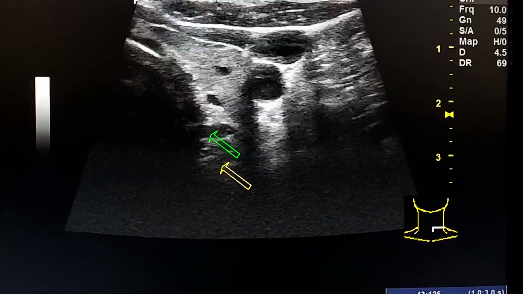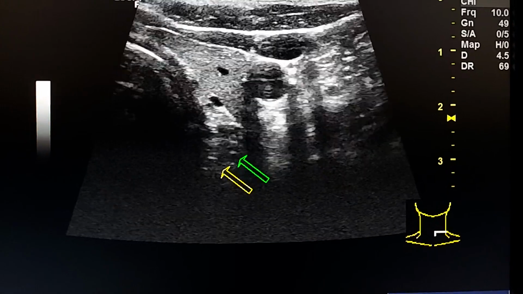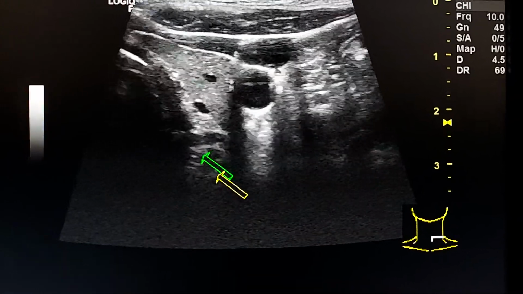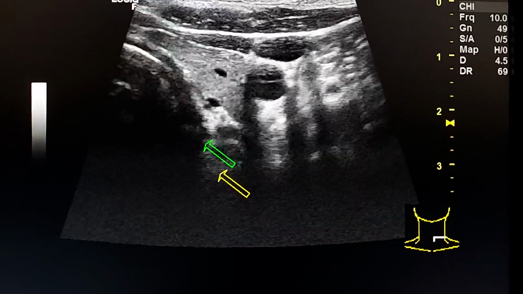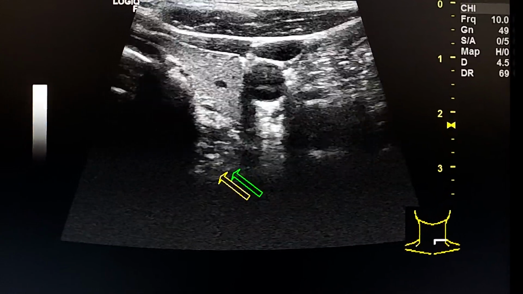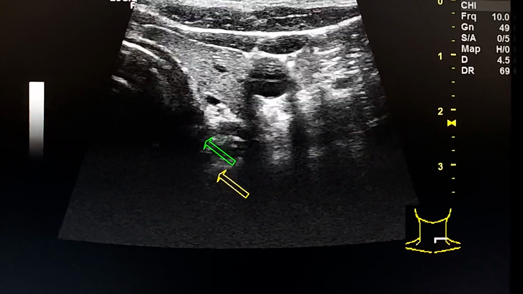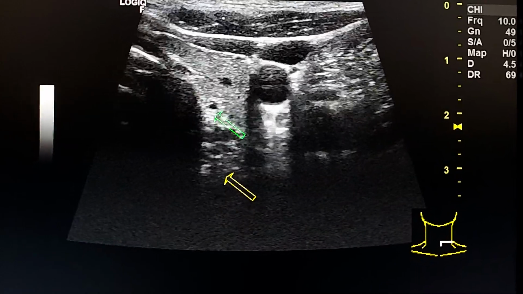We see anterior wall and posterior wall, and this is the lumen, and we see about 2/3 of the diameter of the upper esophagus behind this lobe.